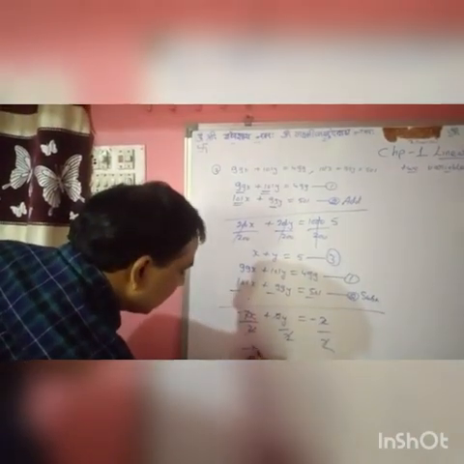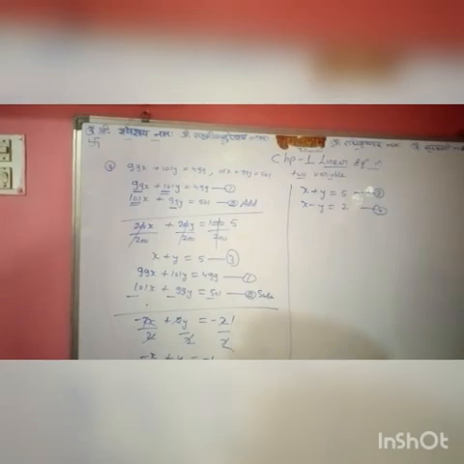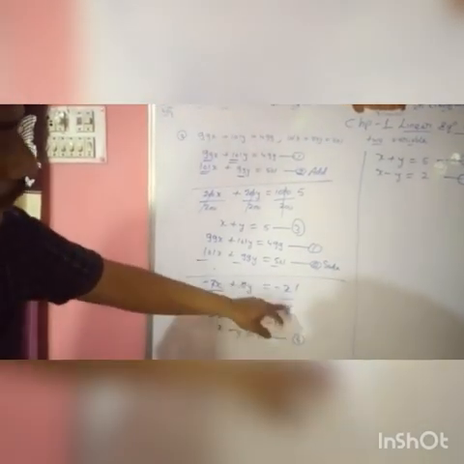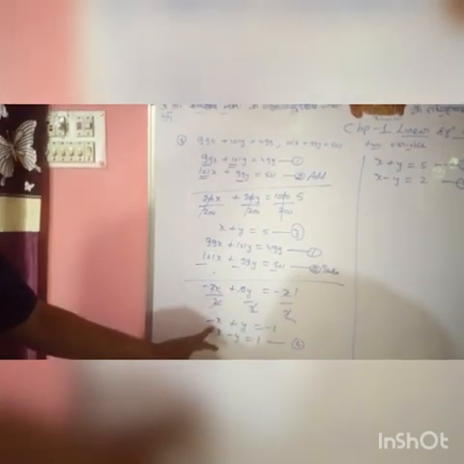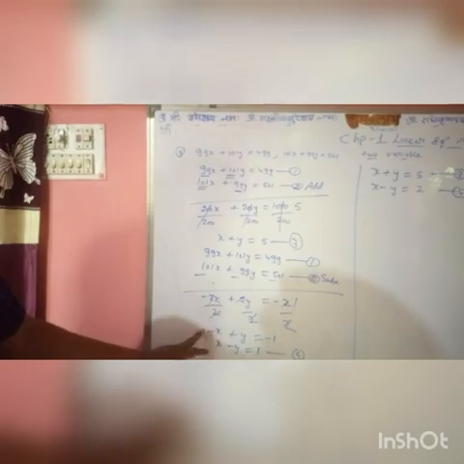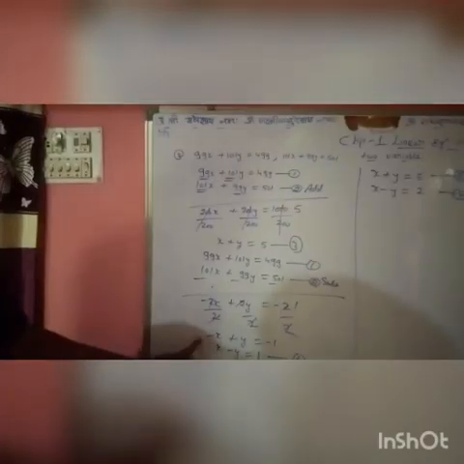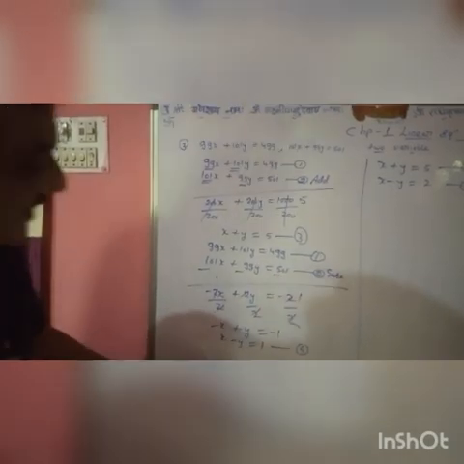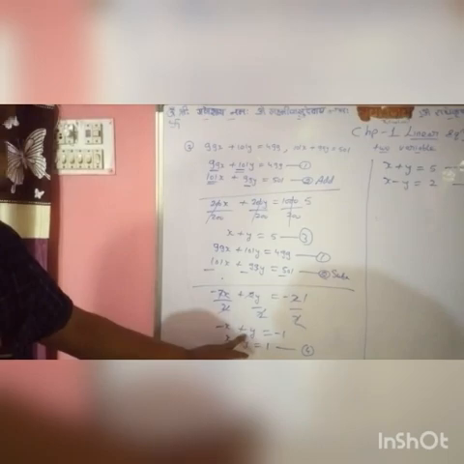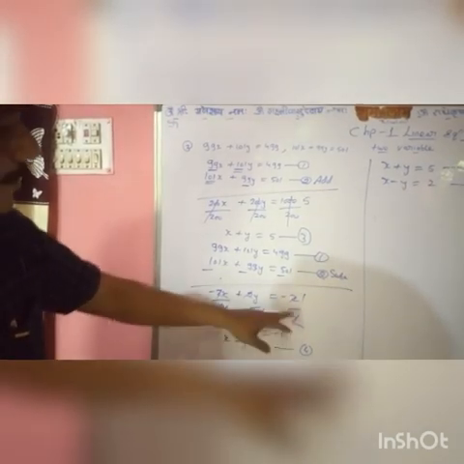You will get minus x plus y. Divide the coefficient by 2, cancel, here 1. What do we get here? Minus x plus y equal to minus 1. See, when x is a negative variable, the first sign cannot be negative. Therefore, change the equation: x minus y equal to 1. Means you have to change the sign. See, compare the equation.